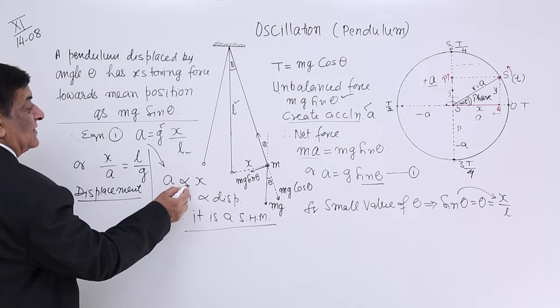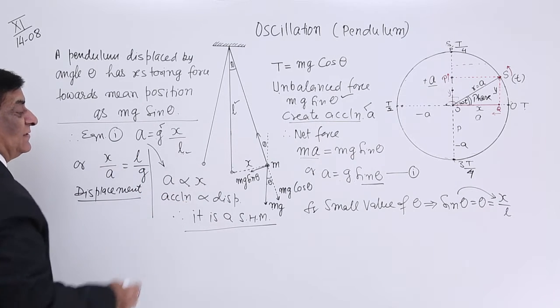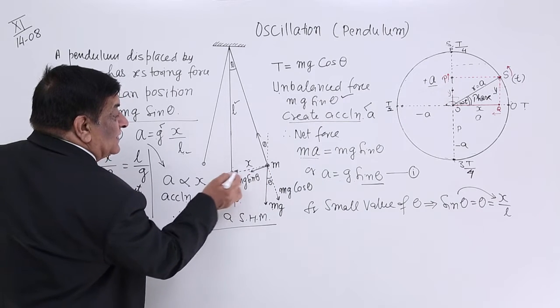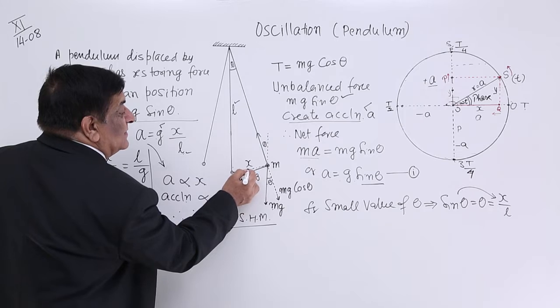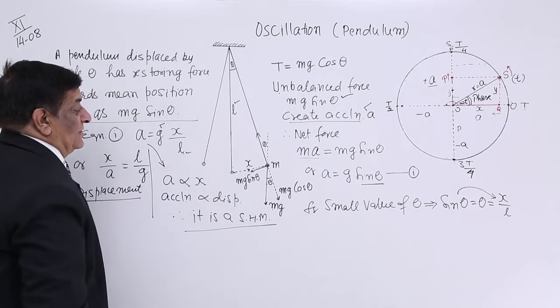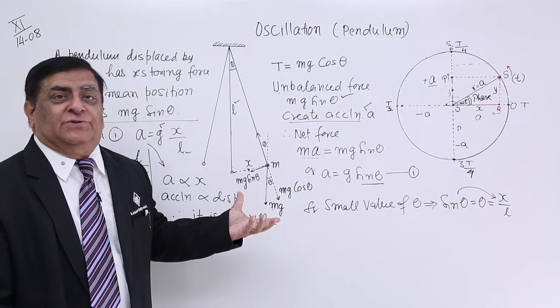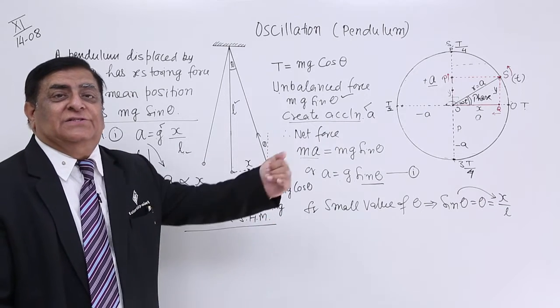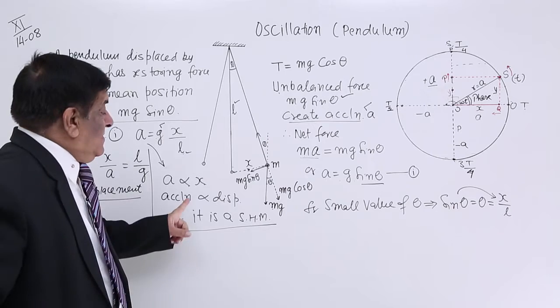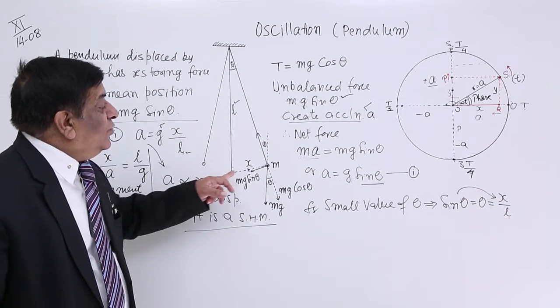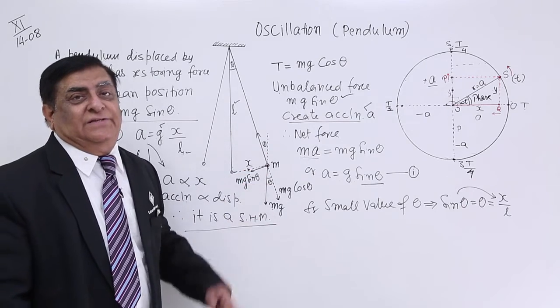Therefore, acceleration is proportionate to displacement. Now, acceleration is in this direction while displacement is in this direction. They are opposite to each other. Now we got two properties here. Acceleration is proportionate to displacement and acceleration is opposite to displacement. In opposite direction but directly proportionate, means the more the displacement, the more the acceleration.